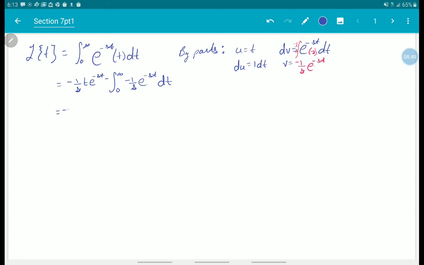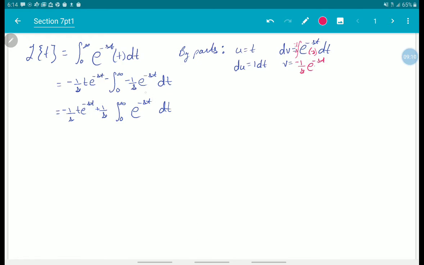So I'm going to clean this up just a little bit, and then we'll evaluate from 0 to infinity. If I pull that -1 over s out, we get that. U substitution again.